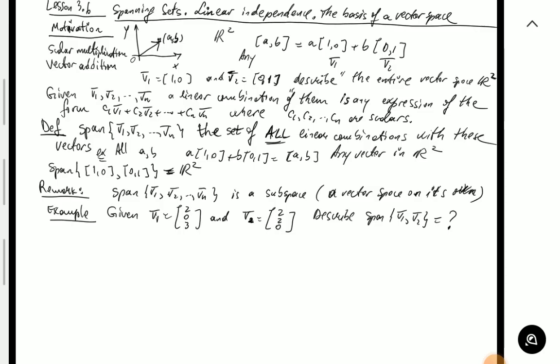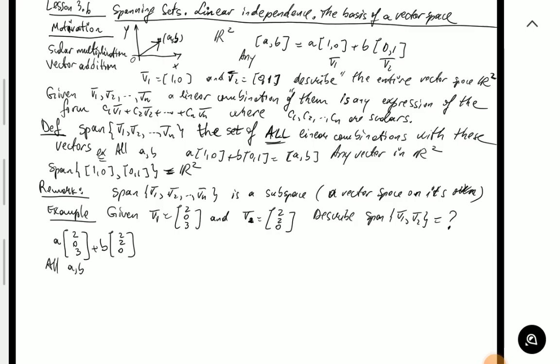All right, so how do you approach the question? Well, you simply look at the typical linear combination. So let's take a typical linear combination involving these vectors. I have a scalar a times (2, 0, 3) plus another scalar b times the vector (2, 2, 0). And again, think about what this would describe if I take all possible scalars a and b.